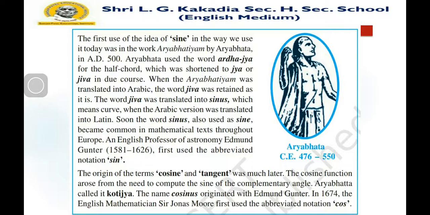The English mathematician Sir Jonas Moore first used the abbreviated notation cos. So here is some history related to sine and cosine. After that, using sine and cosine, they generated other trigonometric ratios.